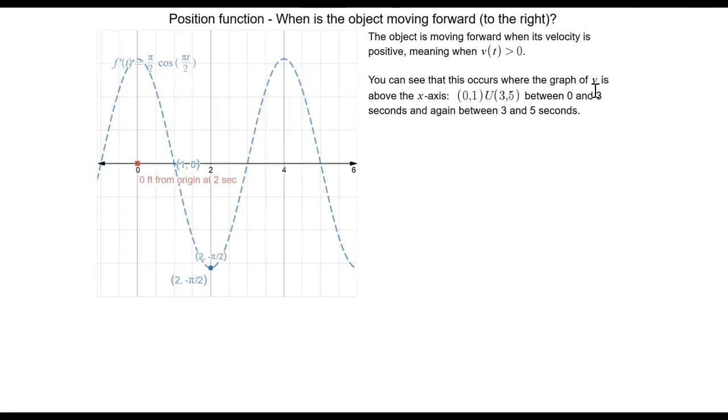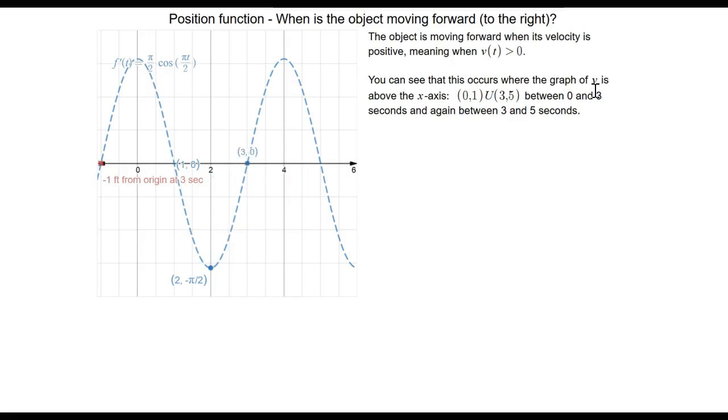So when is the object moving forward to the right? So the velocity not only tells us the speed of an object, but also the direction in which it's moving. So it's a directed value, it's a vector value. So when the velocity is greater than 0, when it's positive, that's telling me that this object is moving to the right.